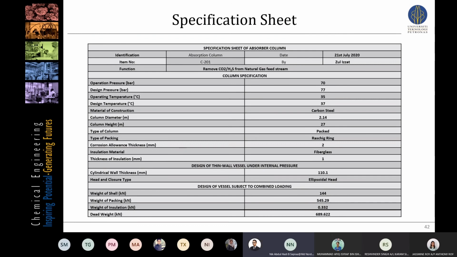Yes, AGRU. What is the diameter? Diameter 2.14. The height is 27. Okay, this uses amine, right? Yes, DA. With 2.14 and 27, the volume of your column is somewhere around 97 meter cube.